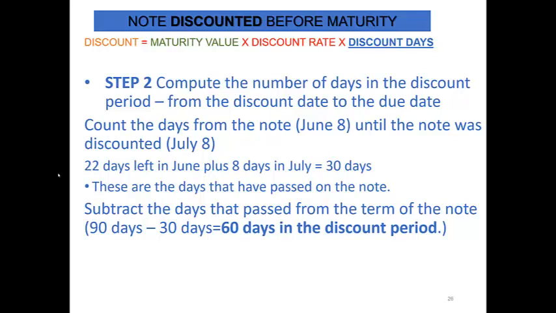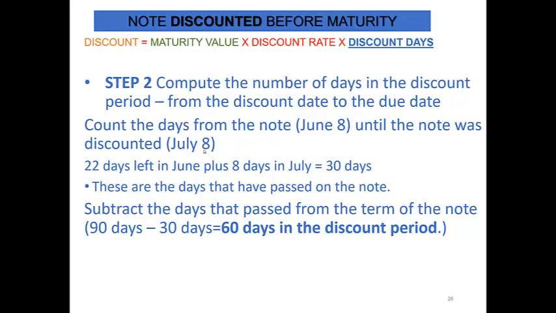So we are going to figure out the number of days that have passed on the note. So we know that this is a 90-day note, and it originated on June the 8th. And then we discounted the note on July the 8th. So if we counted the number of days from June 8th to July 8th, that would be 30 days in June minus 8 days is 22, and then 8 days in July would be 30.